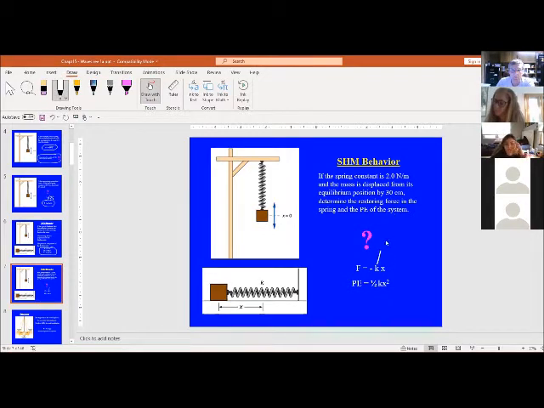So k is 2 and x is 0.3. Multiply them together, we get minus 0.6, or really plus or minus 0.6, because in this question, it did not say which direction the mass was displaced. It said it was displaced. Is it 0.3 because you converted centimeters to meters? Yes, right, you had to convert 30 centimeters to meters. So that's 0.3 meters.